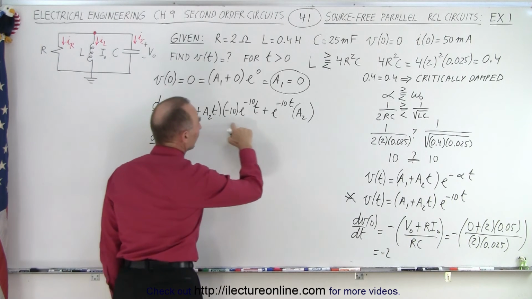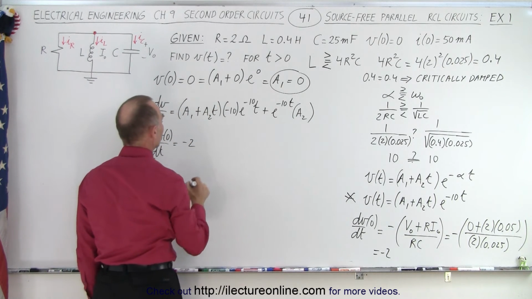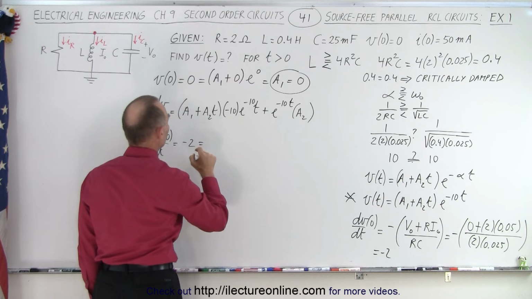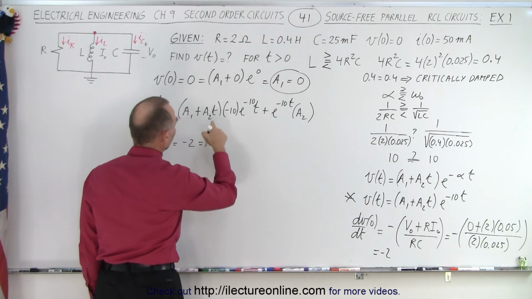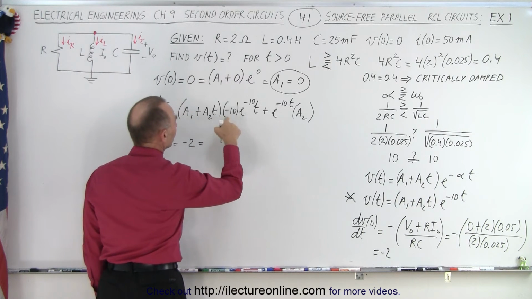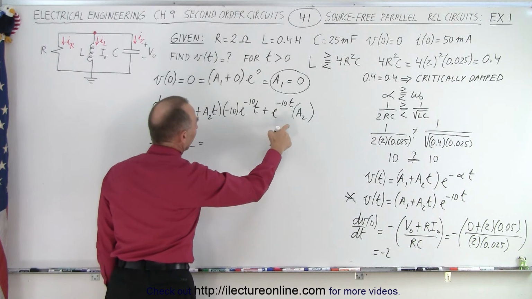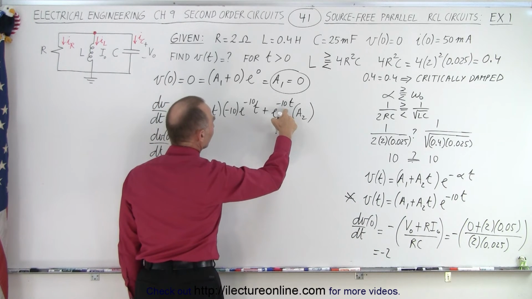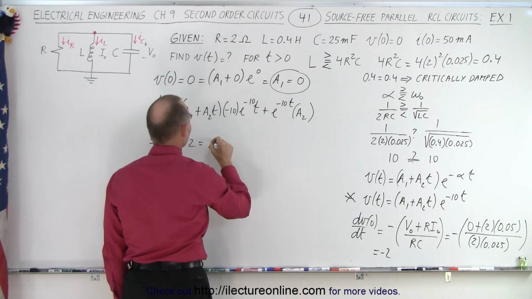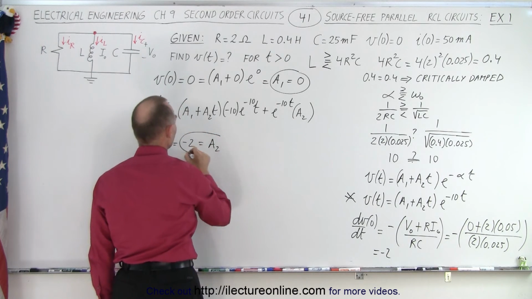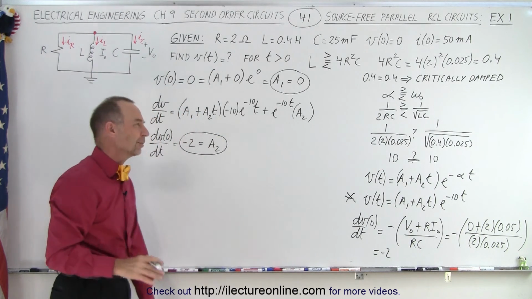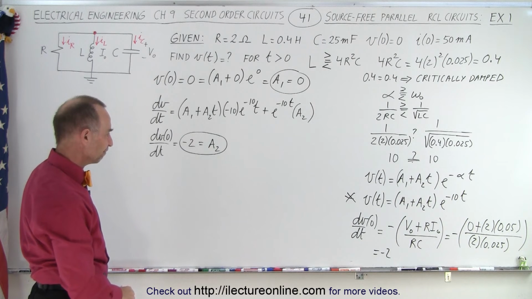Now we plug in zeros for every t in this equation. A1, which we know is 0, gives 0, and 0 times that is 0. Then we have e to the 0, which is 1. So simply we have A2, and we realize A2 is equal to negative 2. This came out a little easier than I thought.